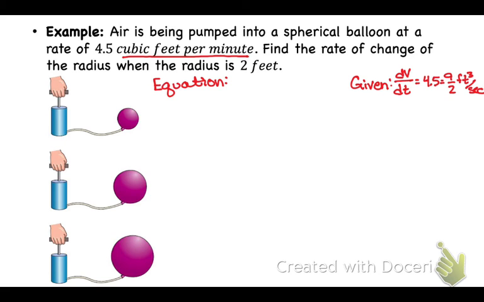Find, so that's my find. What am I supposed to find? Radius. The radius. dr/dt, good job. When what? When r equals 2. So if I'm talking about the volume of a sphere, I need to know the volume of a sphere.